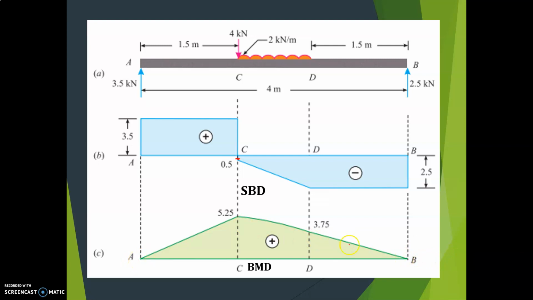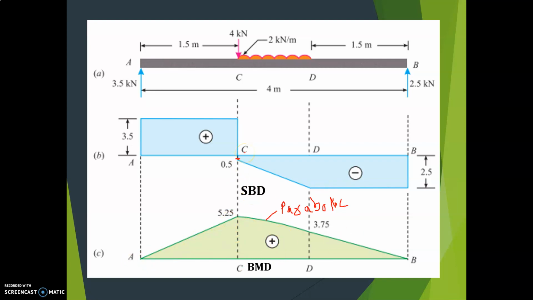So B to D is a straight line, but D to C is parabolic, because if UDL is acting on the beam, then you have to consider a parabolic shape. So this portion is parabolic, and then here 5.25. Again at A it is a straight line, 0. All are positive values, so plus.